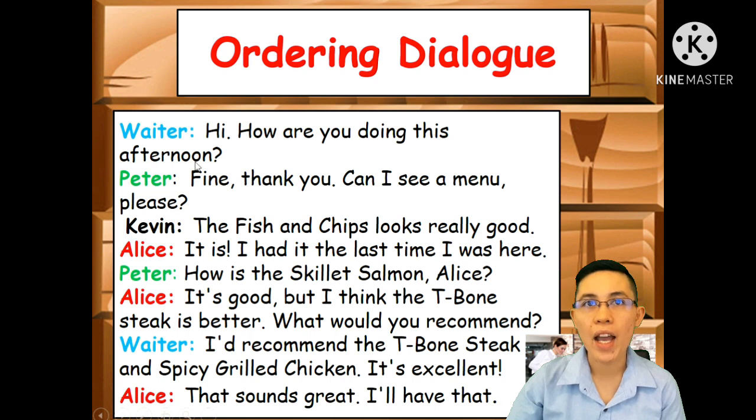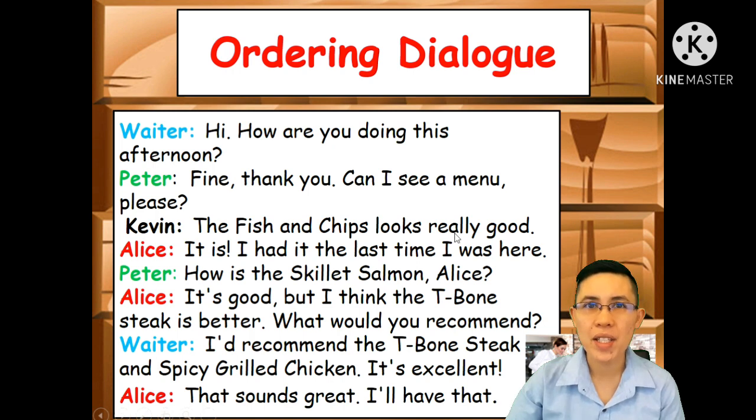Waiter: Hi, how are you doing this afternoon? Peter: Fine, thank you. Can I see a menu, please? Kevin: The fish and chips looks really good. Alice: It is. I had it the last time I was here.